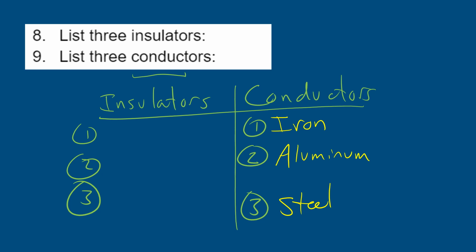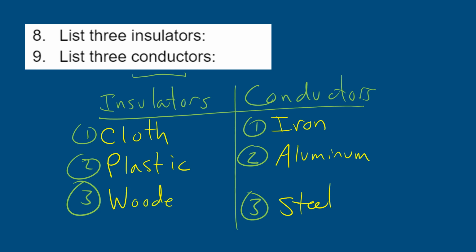Now, for insulators, when you bring something out of the oven, you want to have an oven mitt that is made out of cloth. Sometimes these are made out of a type of plastic. And sometimes cooking implements, like if you want to have something in this pan that you're using, you can have a wooden spatula or a wooden spoon.